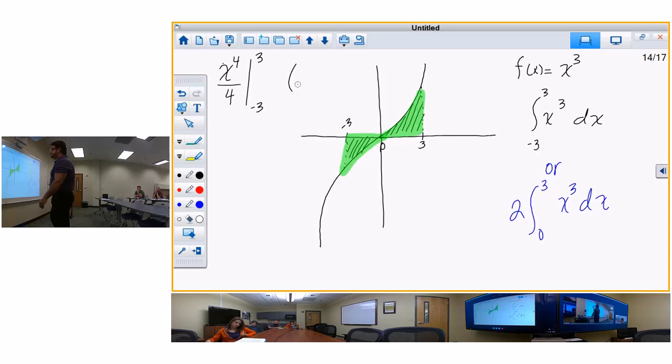So, 3 to the fourth over 4 minus -3 to the fourth over 4. And then 3 to the fourth power is going to be 81. Somebody help me out. 81 over 4 plus what? Be a minus.